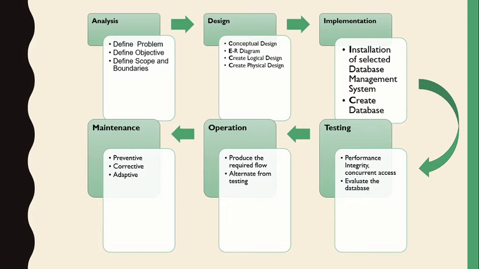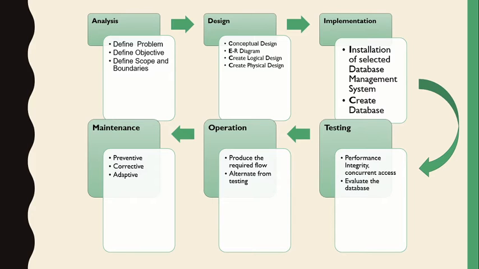The maintenance types are preventive maintenance, corrective maintenance, and adaptive maintenance. Preventive maintenance: in case the database crashes, we have to take a backup. Corrective maintenance means if the DBMS software crashes, then recovery is possible; if recovery is possible, that is corrective maintenance.